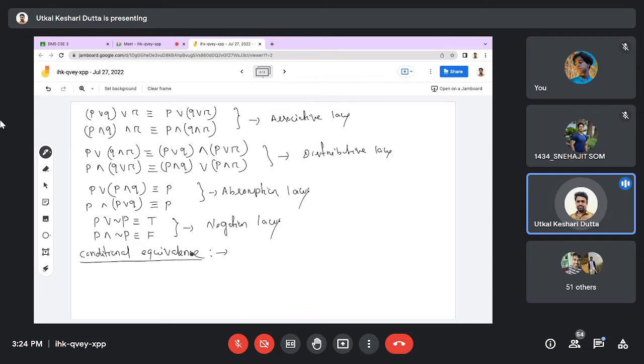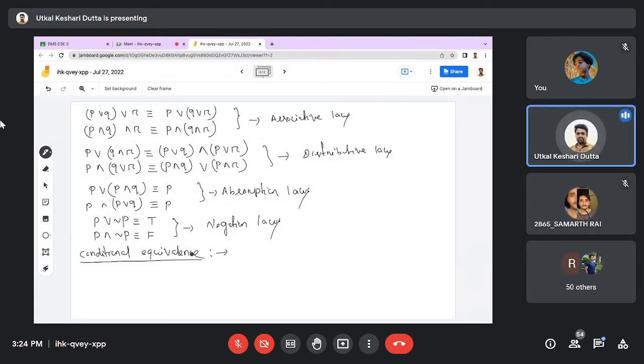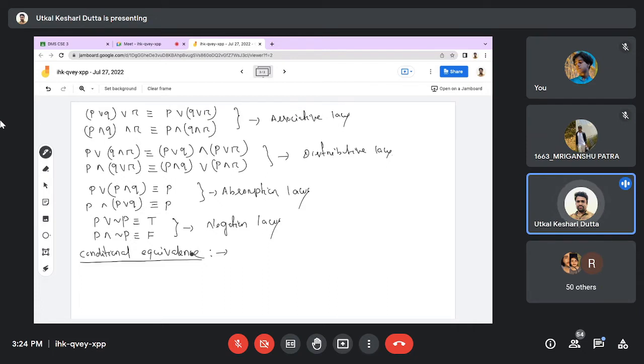Okay, tell me one thing. In the distributive law or associative law, how many propositional variables are there? Three variables, P, Q, R. Then tell me, when you find the truth table, how many rows will be there? How many possible cases of P, Q, R? Eight.